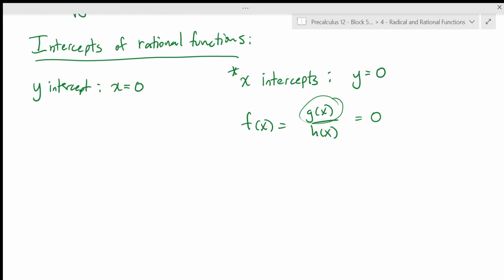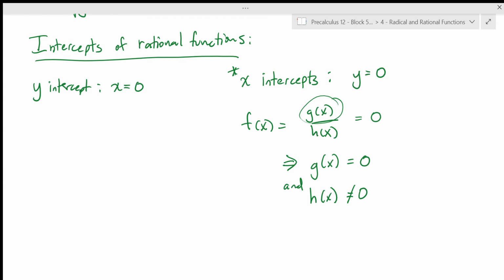So for f of x to be 0, we just need the numerator to be equal to 0. We also, in order to have an x-intercept, need the function to exist at that point. So h of x has to not be 0 as well. Okay, so this is an and. These both must be true.